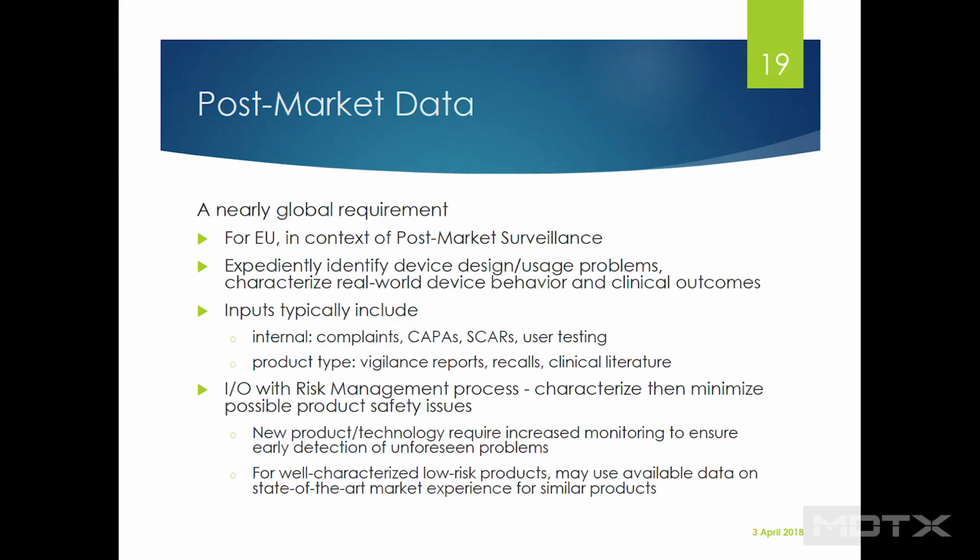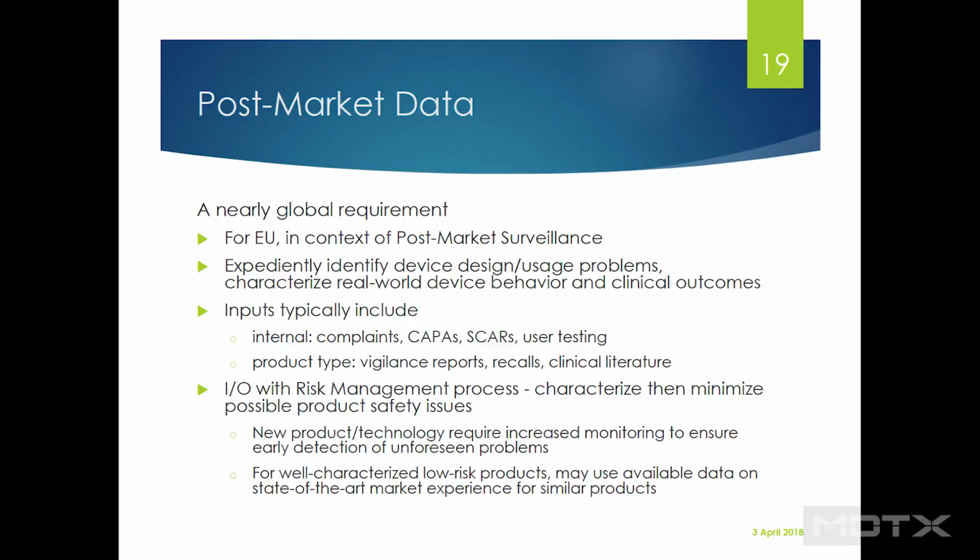Inputs and outputs go into the risk management process, right? So you have to take that data and consider it in your risk management process, not just yours, your competitor data, and you also have to have your risk management have outputs based on that into your product design. The product and technology is new. The manufacturing or marketplace has limited understanding of patient population and complexities of the disease state.